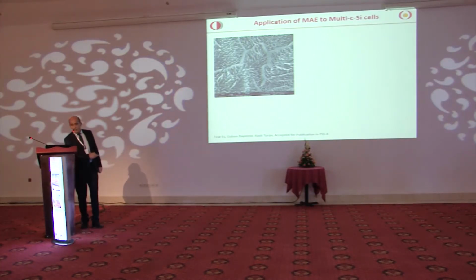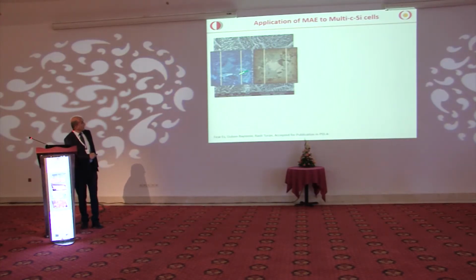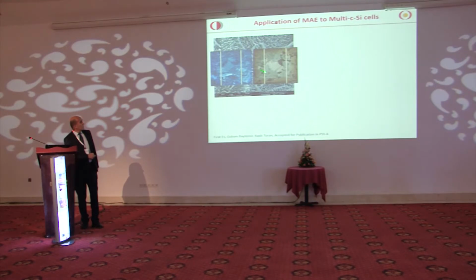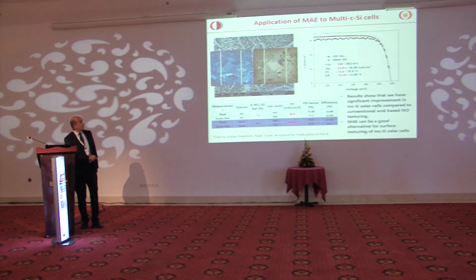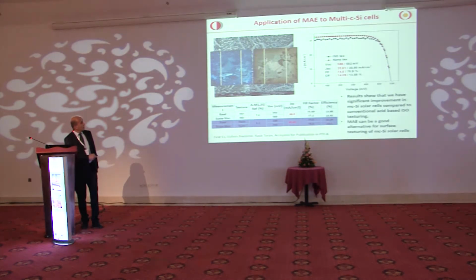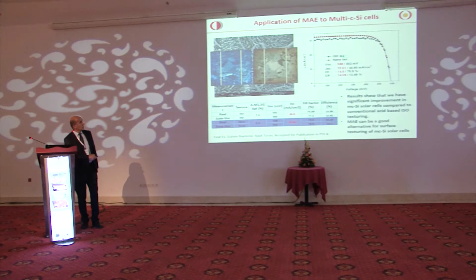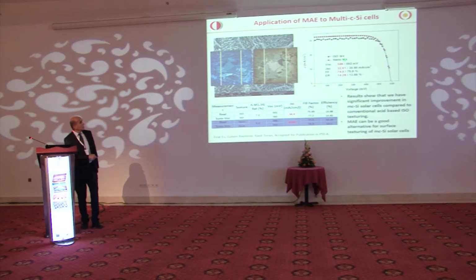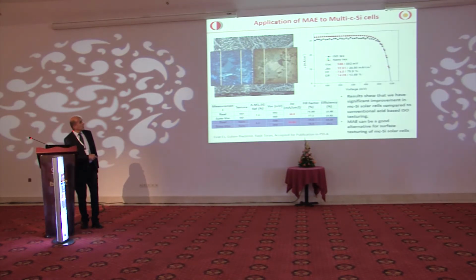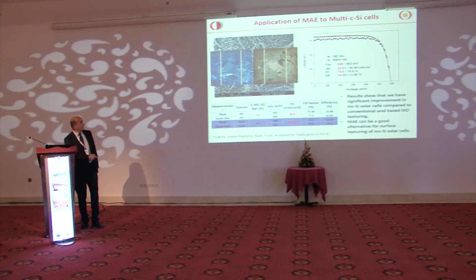For the multicrystalline silicon solar cell, we again produced cells with the standard dimensions, and we obtained good results from the nanotextured silicon cells. As you see, the short circuit current for the nanotextured silicon is higher than the standard isotextured cell, which is the industrial technique.